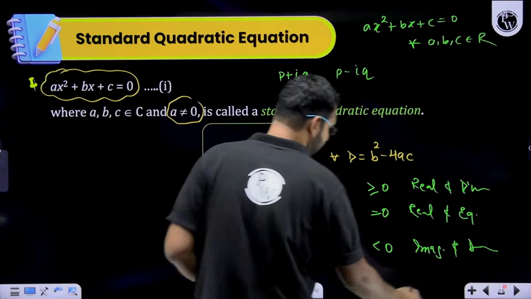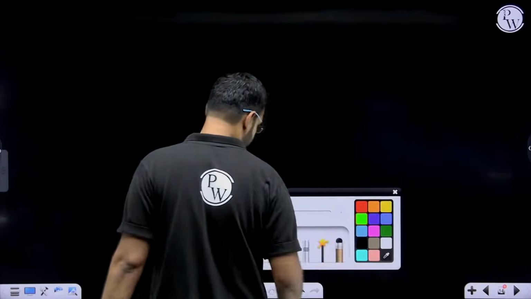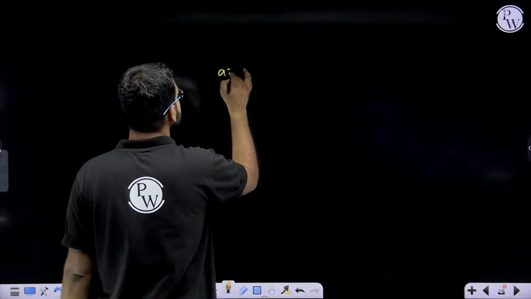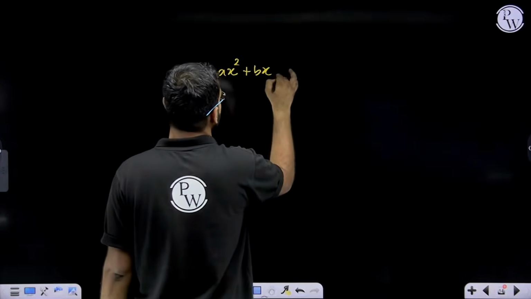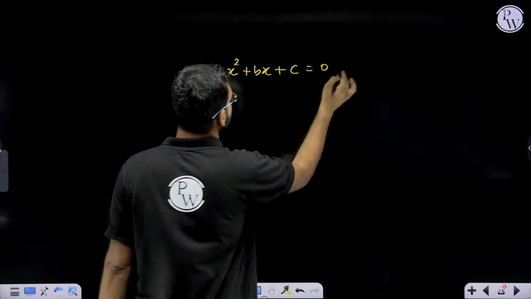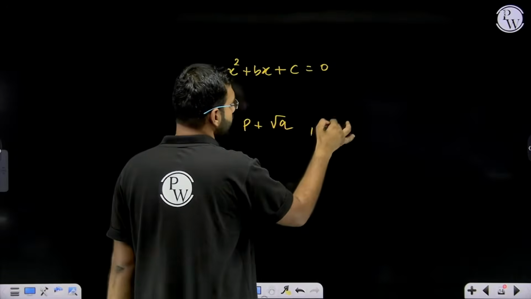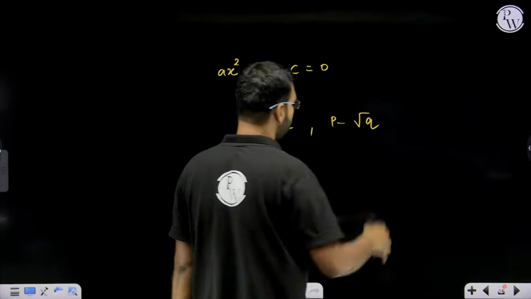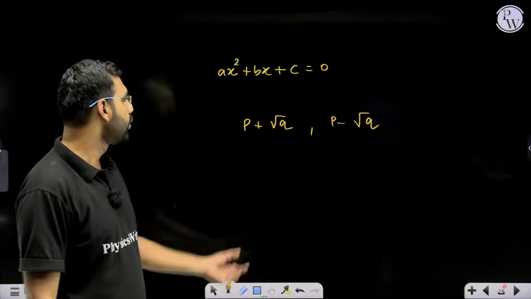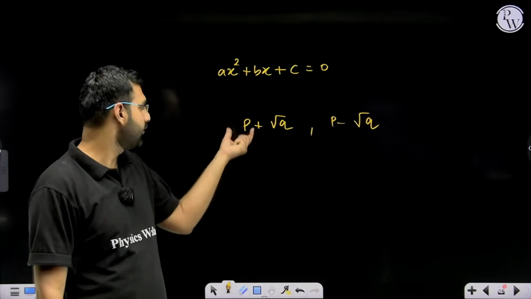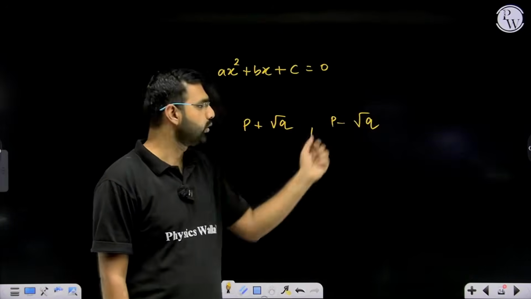Students commit a mistake here. Let's say there is a quadratic ax² + bx + c = 0, and let's say one of its roots is of this form, p + √q. Then some student says that the other root will be p - √q because they are conjugate. If the roots are irrational terms, then if one of the roots is p + √q, the other root is p - √q.